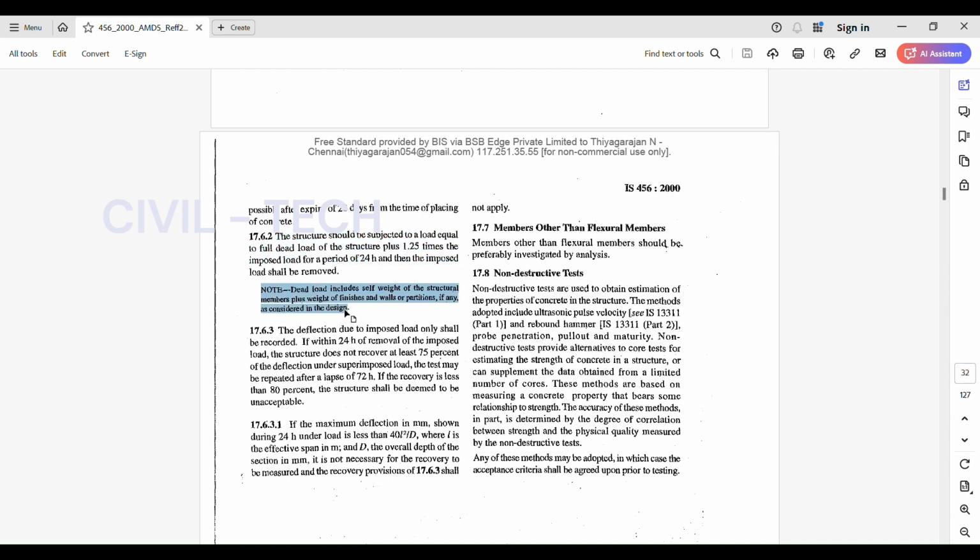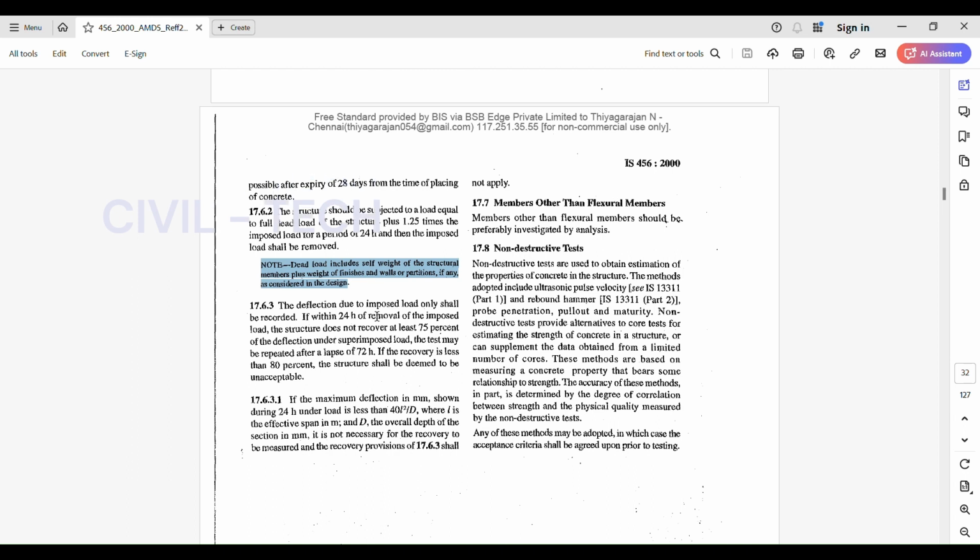The note says dead load includes the self weight of the structural members plus weight of finishes on walls or partitions, if any, as considered in the design. So we need to consider the dead load of finishes like solid block or brickwork, partitions like dry partitions, or finishes like tiles and granite. These are all the things to be considered in the dead load.